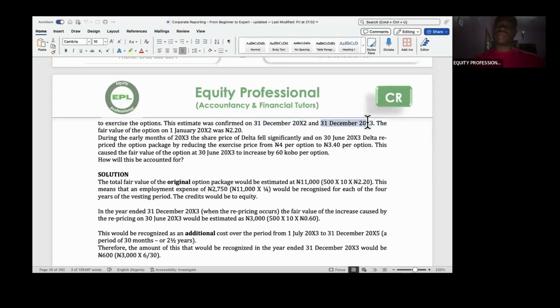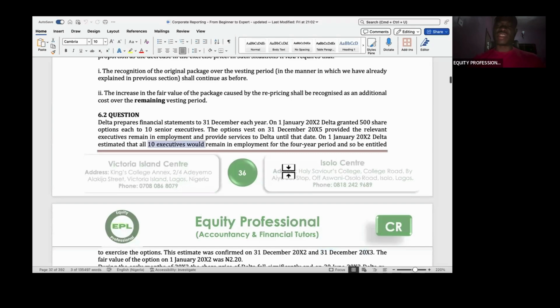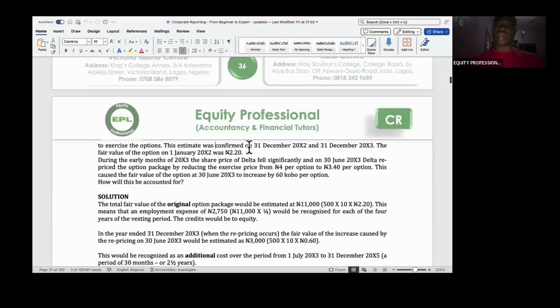Okay, then we can rely on it now. Since they say that all the 10 employees will remain in employment to the vesting date, and it is now confirmed at the end of the year, that means they are making that estimate at the end of the first year and at the end of the second year. So now it can work for us.